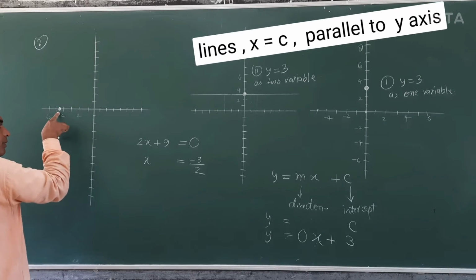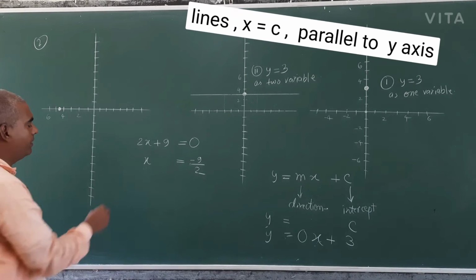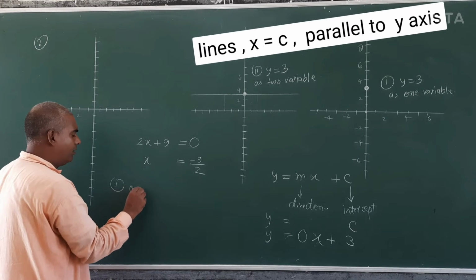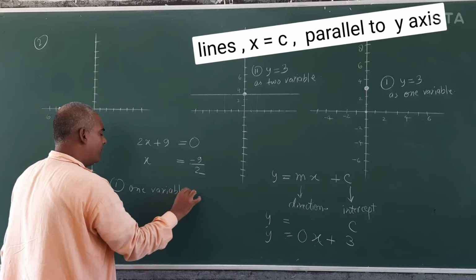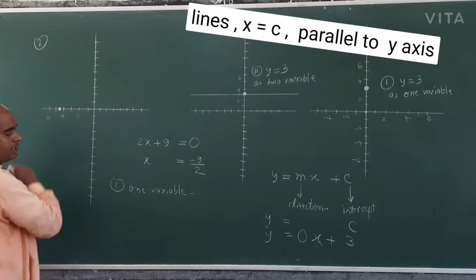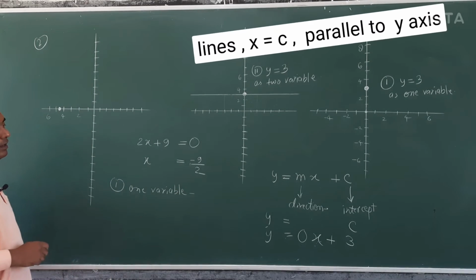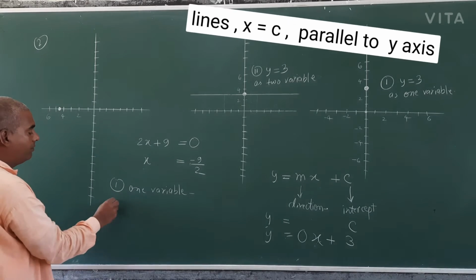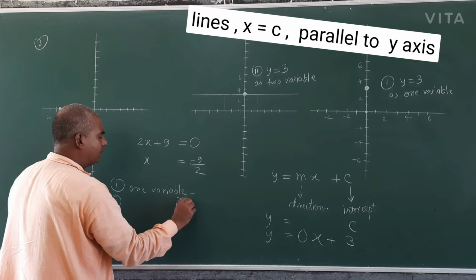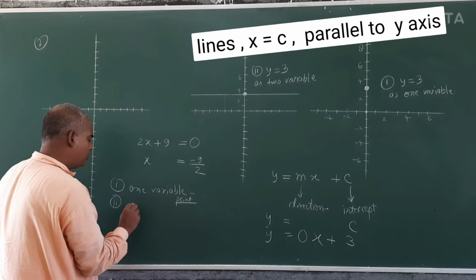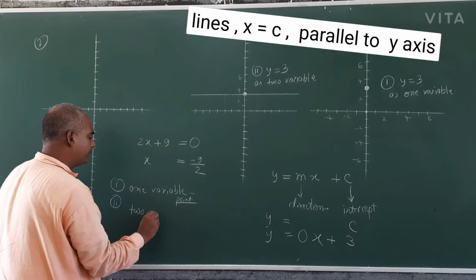If you make only 1 point, this will be one variable. One variable means x is the point. If you take 2 variables, it means a line, 1 variable means a point.